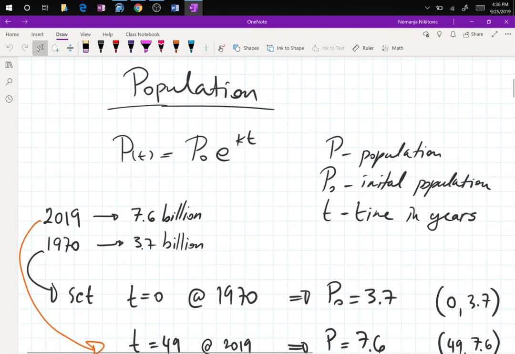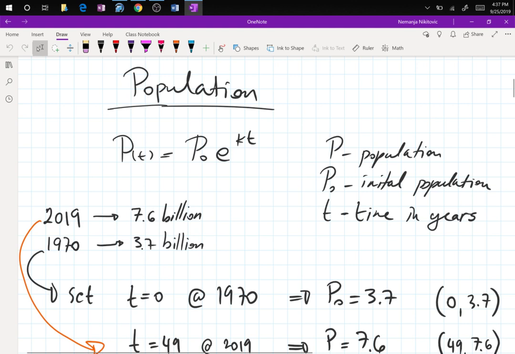So when you take a look at this population, right, you have your good old pre-calculus. This is pre-calculus. You already know this. We expand on it in Calc 2. In 2019, you go online, you pick up, there is 7.6 billion people on the planet. You ask Google to tell you how many people were there in 1970, it was 3.7 billion.